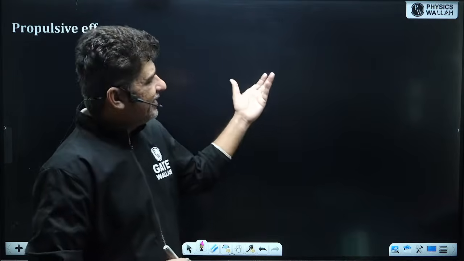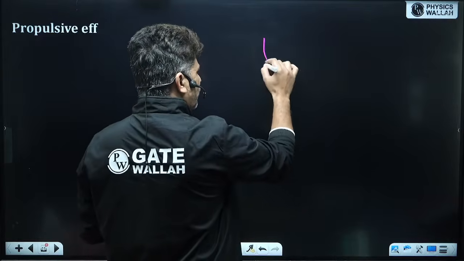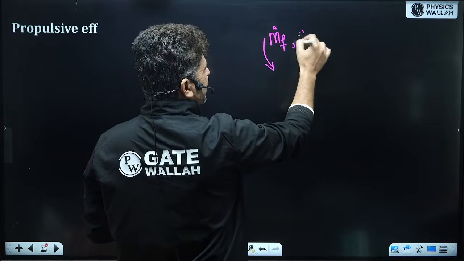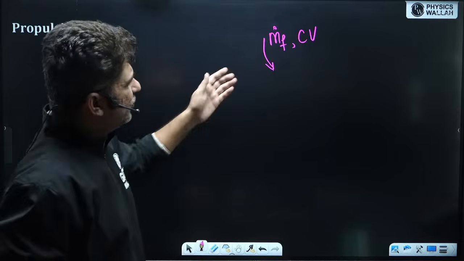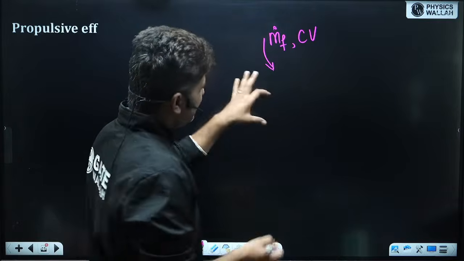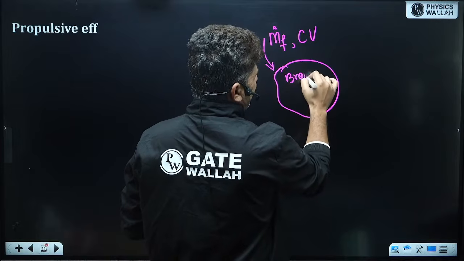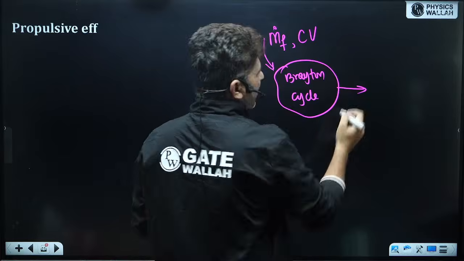One is the Brayton cycle. When you burn mass flow rate of fuel, and you have a certain calorific value of the fuel, the energy released would be mass flow rate into CV. This energy would be converted by your Brayton cycle, and it will give you power.